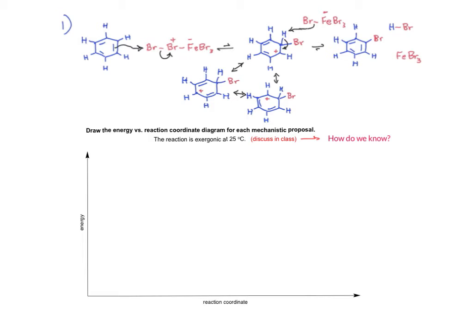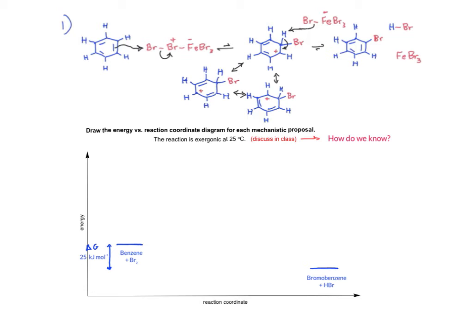In creating the reaction coordinate diagram, if the reaction is exergonic, the reactants are higher in energy than the products. This has been measured to have a change in free energy of approximately minus 25 kilojoules per mole. So we'll label that difference.